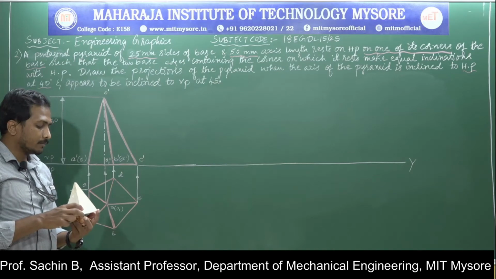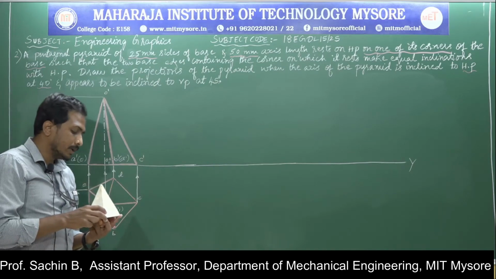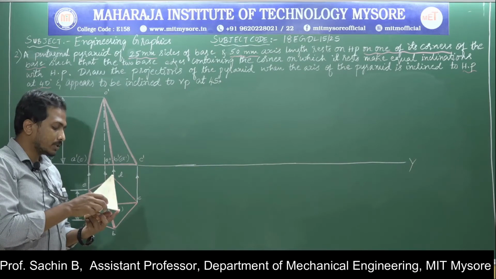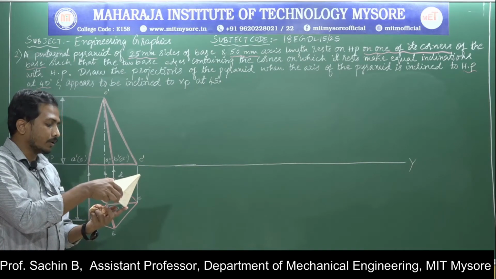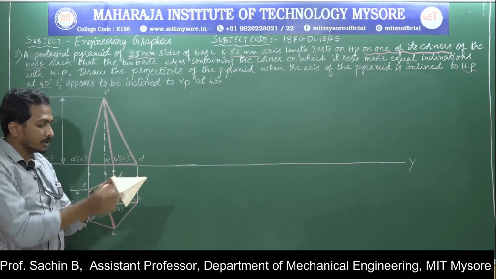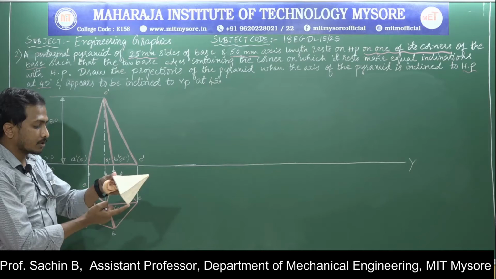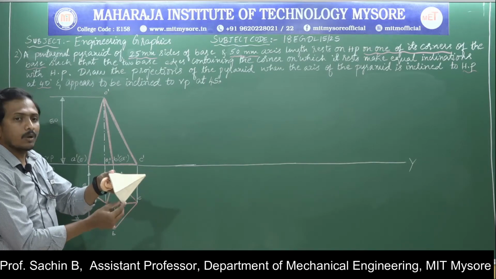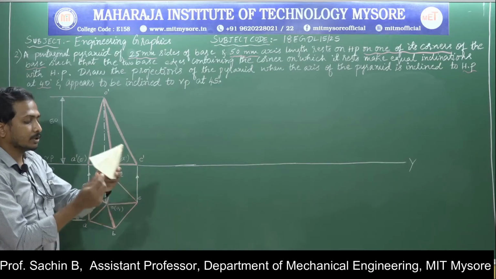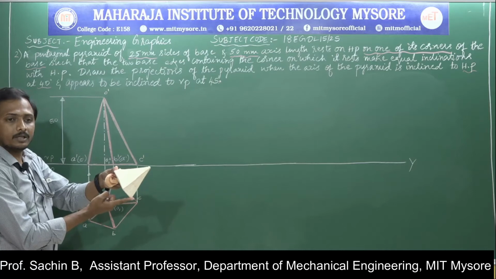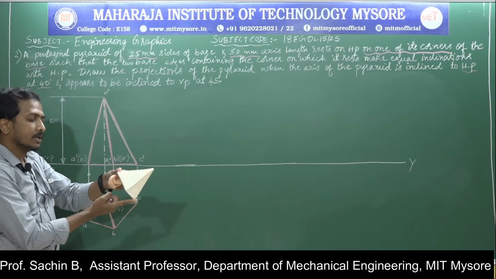Because of that, I am just rotating this pentagonal pyramid according to the change of position method, to rest on one of its corners. Now, if I rotate this object like this, this is the corner that is clearly resting on HP, with two edges that make equal inclinations with HP. Means these are the two edges that are clearly making equal inclination with reference to the HP.